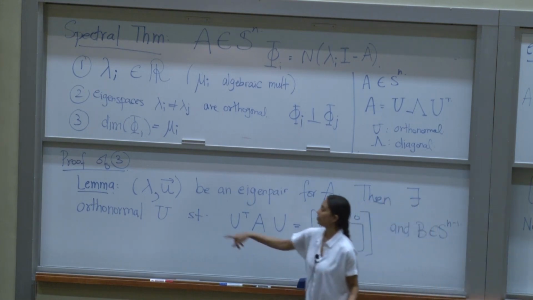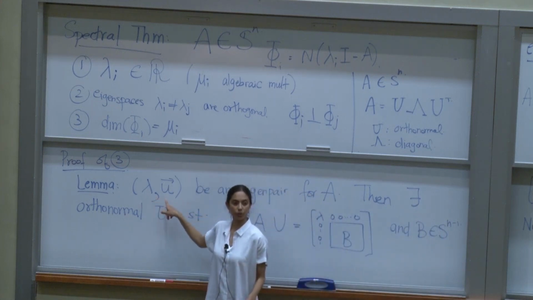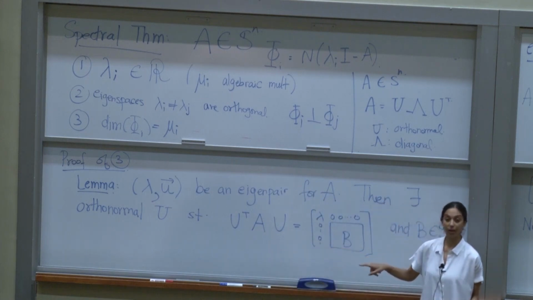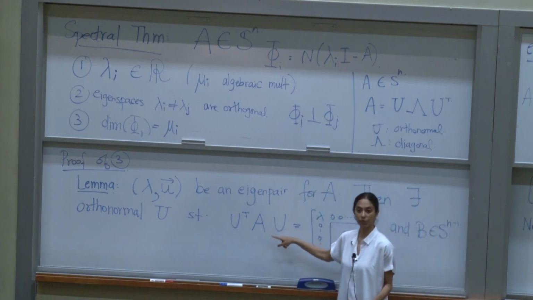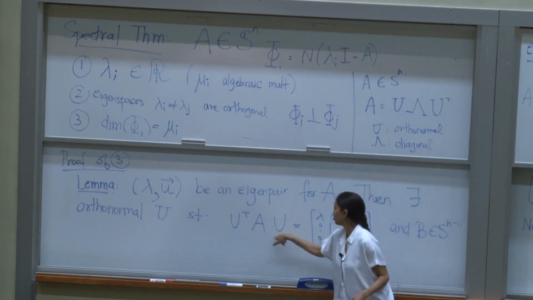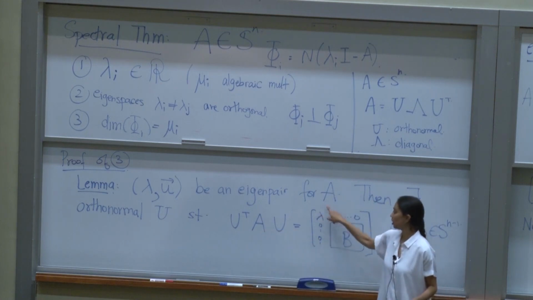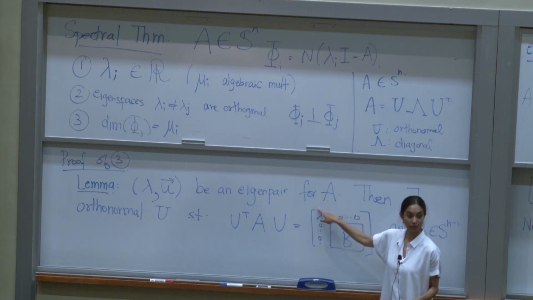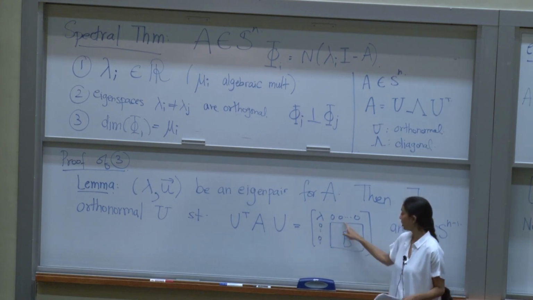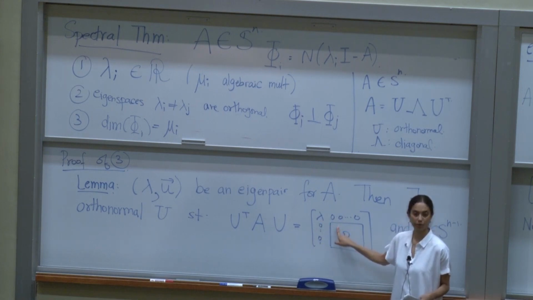I'm saying that if lambda is an eigenvalue and u is the corresponding eigenvector, then I can find an orthonormal decomposition of A such that U transpose AU has this lambda in the first entry, but the rest of the row and this column is all zeros, and what is left here is a symmetric matrix. Okay?